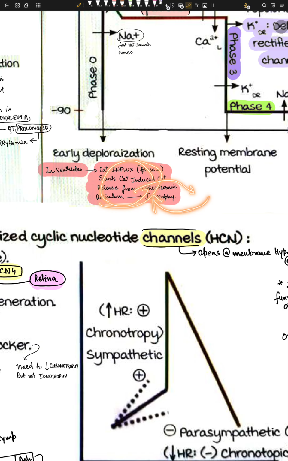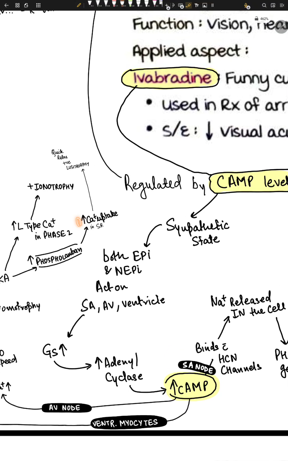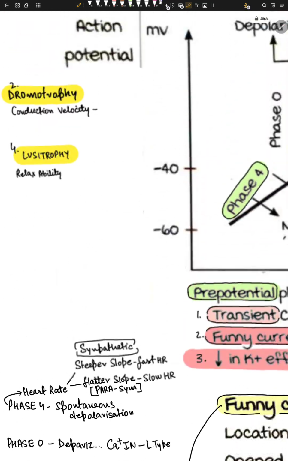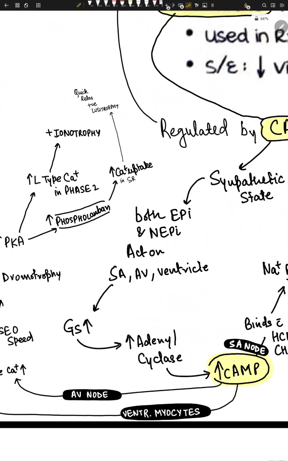Once they take back the calcium, the contraction stops and the diastole starts, the relaxation starts, and that's how we are able to fill the blood inside our ventricles. So if the calcium uptake in the sarcoplasmic reticulum increases, it means the diastole increases. It means it's positively lusitropic. Lusitropy means the relaxing ability of the ventricles, okay? So quick relaxation, positive lusitropy.